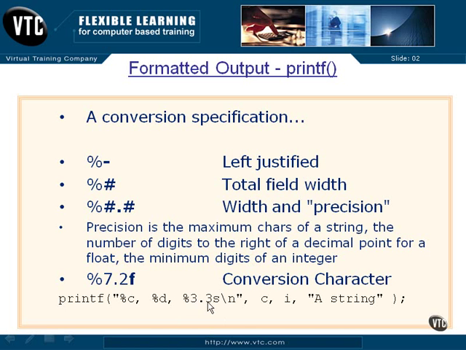So the precision in a string says the maximum characters of the string to be printed. Now, if this is for a float, an f in here, like here, %7.2f, this says that there will be 2 numbers, like currency, 2 numbers to the right of the decimal point of the floating point value will be printed.